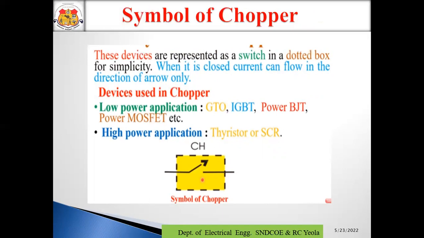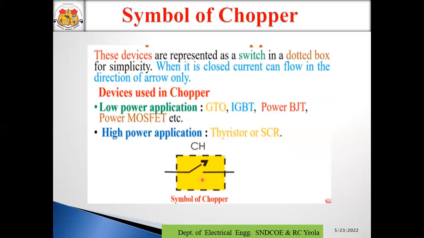So as you see in this block diagram below, we have observed the symbol of the chopper. When it is closed, current can flow in the direction of the arrow only. Devices used in chopper for low power applications are GTO, IGBT, power BJT, power MOSFET, etc. And for high power applications, thyristor or SCR.